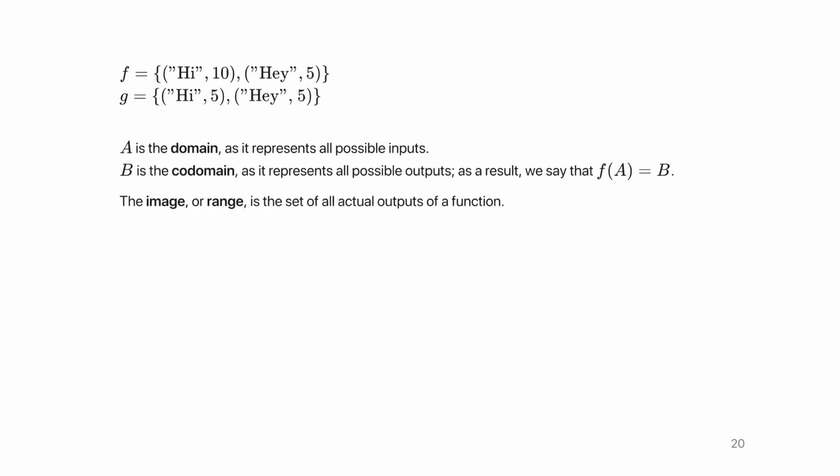Cool. So, as I mentioned before, the domain is the set of all possible inputs. It's that first coordinate in the ordered pair. The codomain is the set of all possible outputs. It's the set of what could make up that second coordinate.